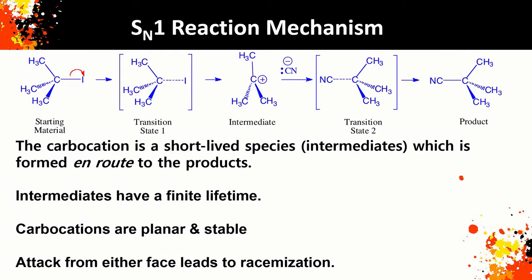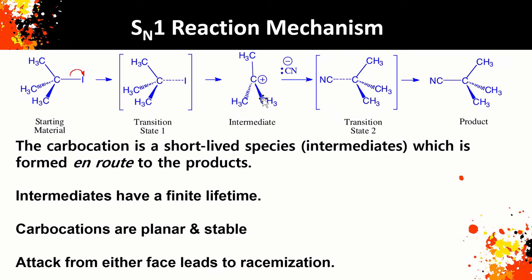All right, so let's compare that to the SN1 reaction mechanism. For the SN1 reaction mechanism, we have our starting material here, a tertiary alkyl halide. Therefore, this bond can be broken, right? And then this is our first transition state where this carbon-iodine bond is almost broken. Then it forms our carbocation intermediate. Just in case you were wondering, give me an example of an intermediate: this is an example.